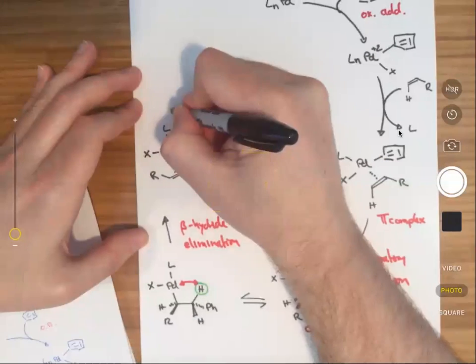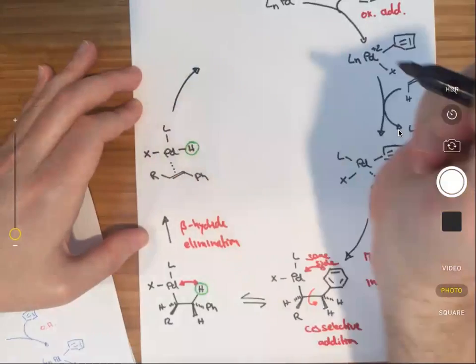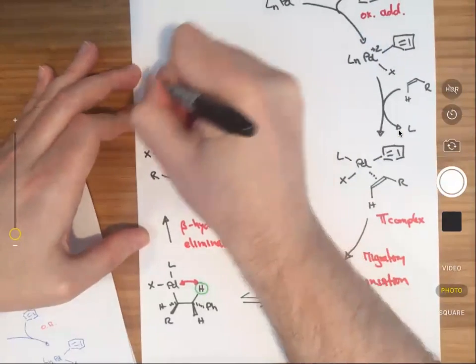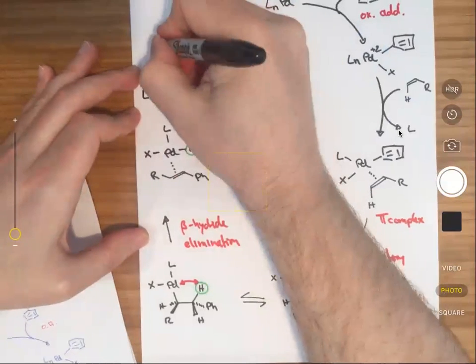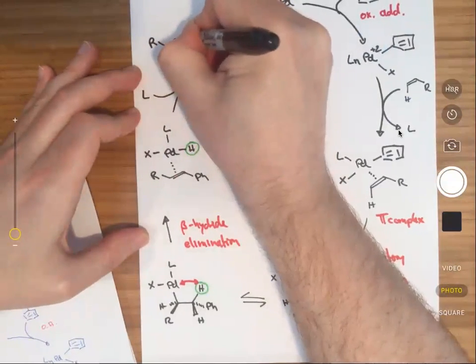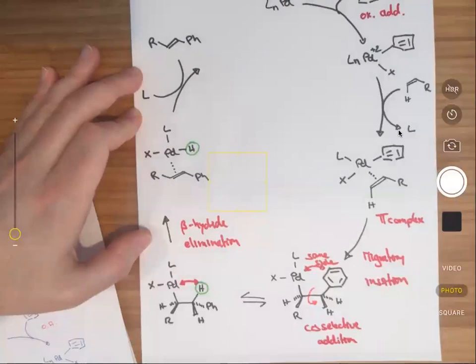So we can draw an arrow like this here, where an L comes in and kicks out our phenyl. This is basically the coupling product that we were interested in.